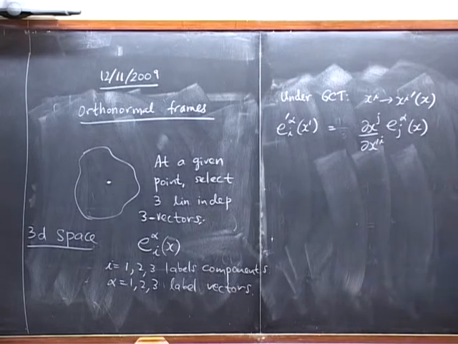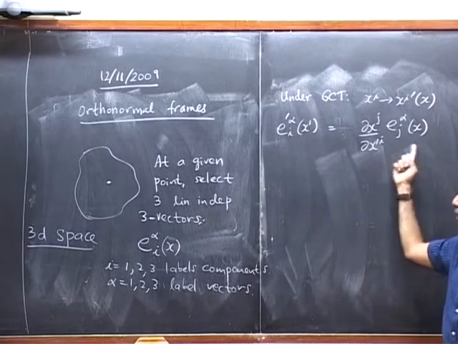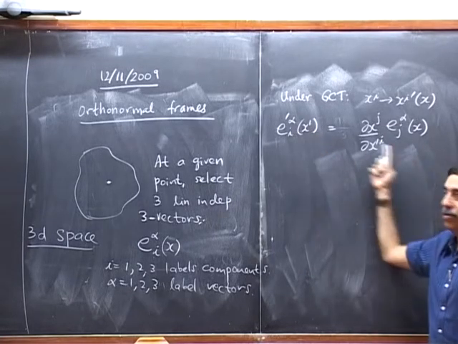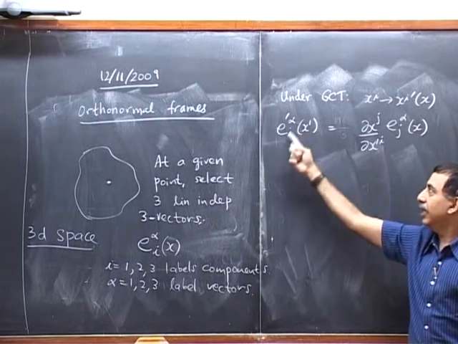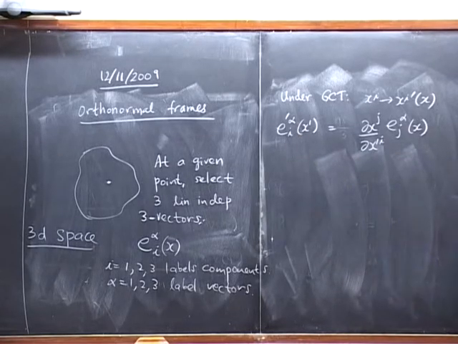It simply doesn't play a role. Independently, the vector E_i^1 transforms this way, the vector E_i^2 also transforms this way, and the third one, E_i^3, also transforms the same way. All vectors transform the same way, right?